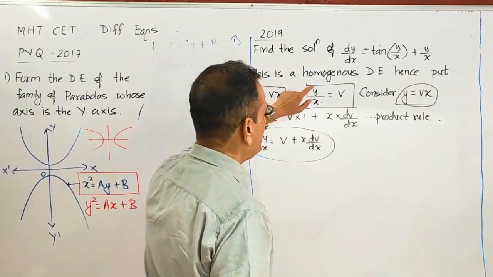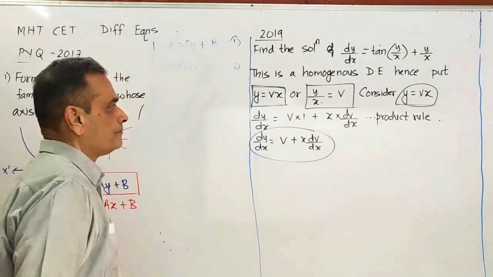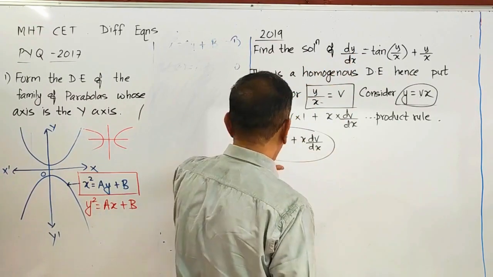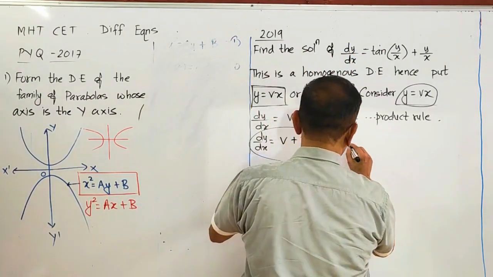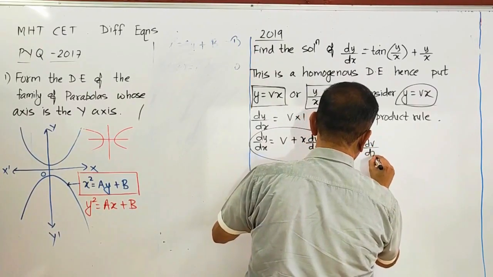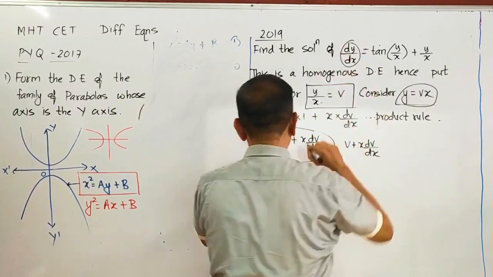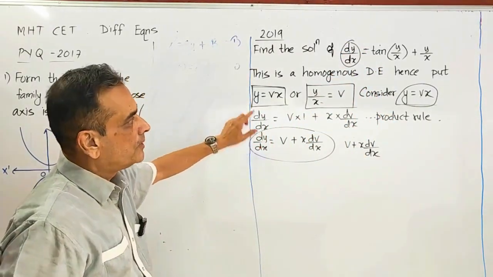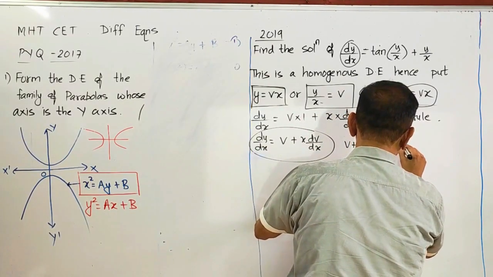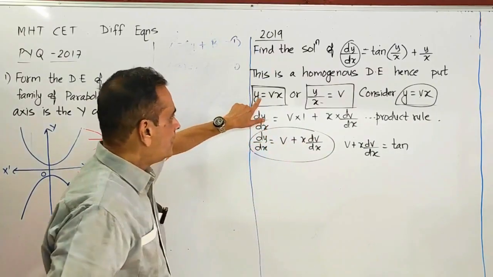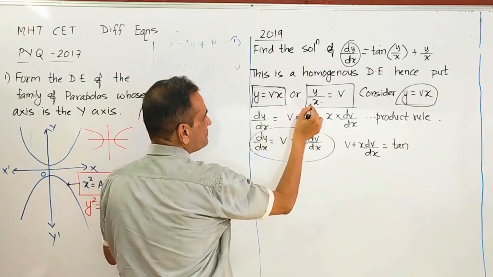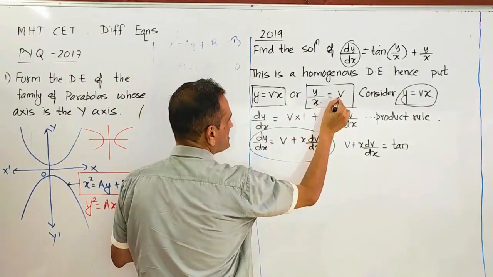I am substituting in the main equation. For dy by dx, I am writing v plus x dv by dx. One substitution is over. Go to the right hand side. Y is equal to vx. What is the meaning of that? Y upon x is v. If you take x in the denominator, y upon x is v.